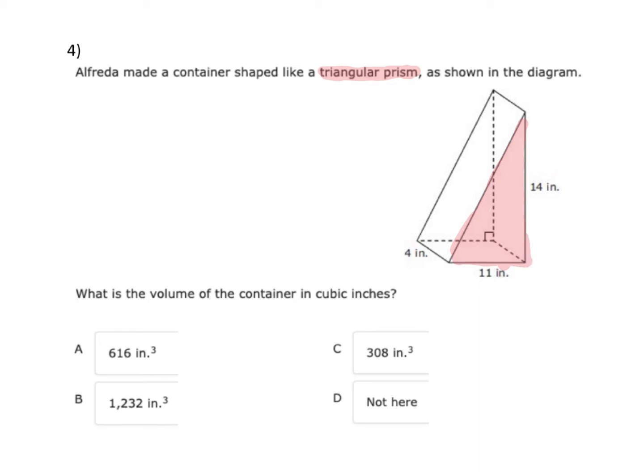Now, we need to find volume. So the volume formula is volume equals big B H. And that big B stands for area of base. So we need to find the area of that triangle. So that formula is area equals 1/2 little b h.